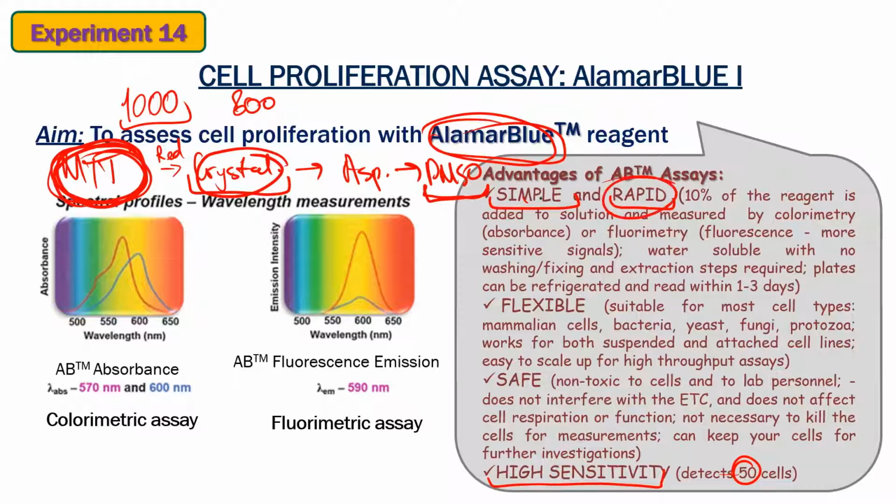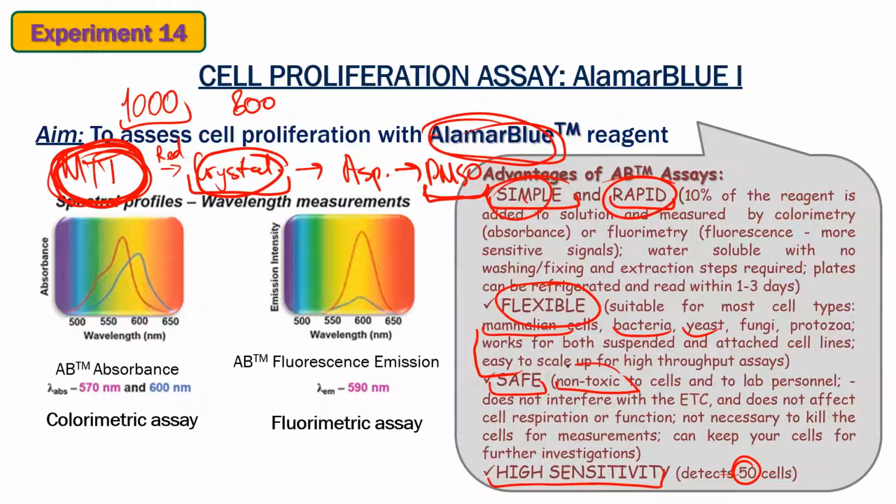So it's rapid, simple. It is flexible because you could use it on any type of organism. Again, the reduction happens by the molecules that are related to the respiration. So any type of bacteria, yeast, fungi, archaea, mammalian cells, bird cells, etc. It is safe because it's not toxic.